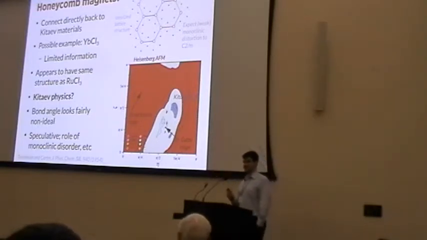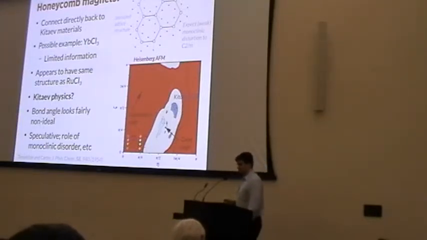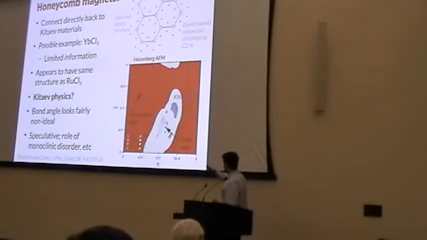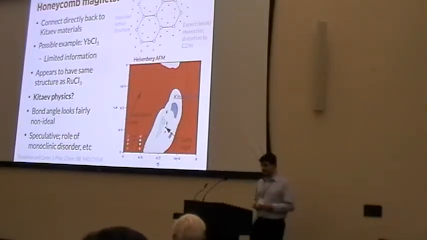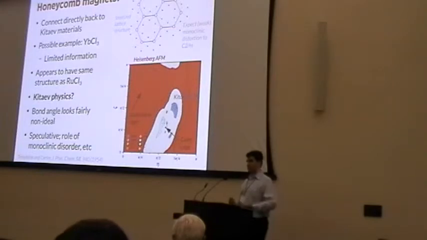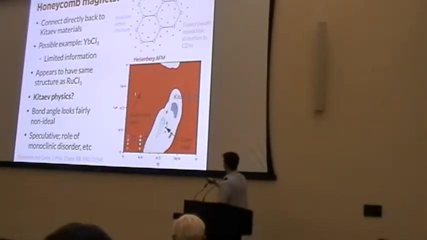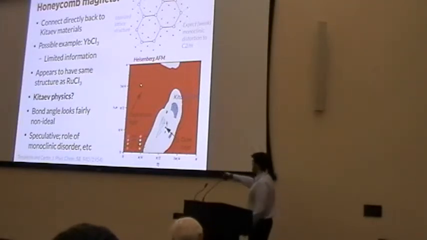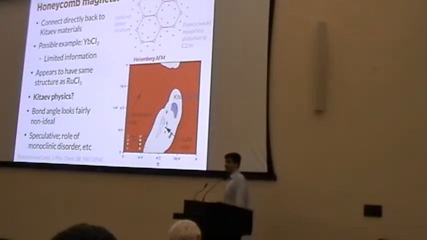Large antiferromagnetic coupling is your dominant interaction. But because these have inversion symmetry, there's no generation of DM. You can only generate symmetric anisotropies. And those are generated much more slowly. So you get this sort of wide window of basically an almost perfect Heisenberg antiferromagnet, even though this compound has large orbital coupling, etc. Now, if you really stretch this, you say, well, maybe I changed the bond angle, or maybe I distort the crystal field parameters, you can generate regimes where you actually have a dominant Kitaev coupling.